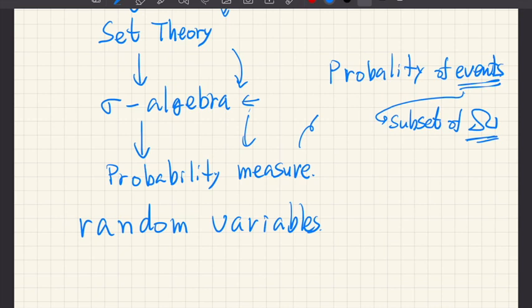That sounds like a good definition of random variables. But what do you mean really by random variable? I mean, something that takes randomly different values. What do you mean by random?